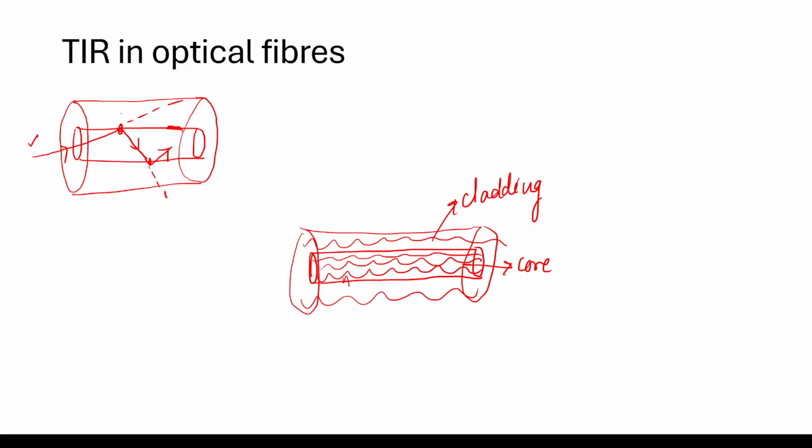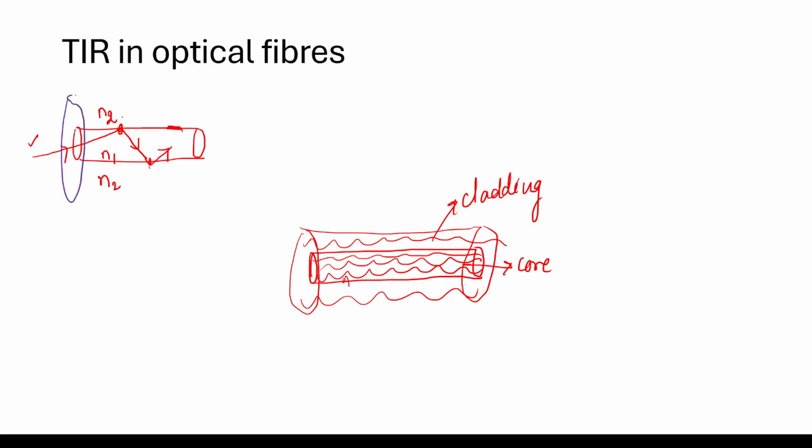So the refractive indexes, N2 and N1, are specifically designed so that there is no loss of the signal because of total internal reflection.